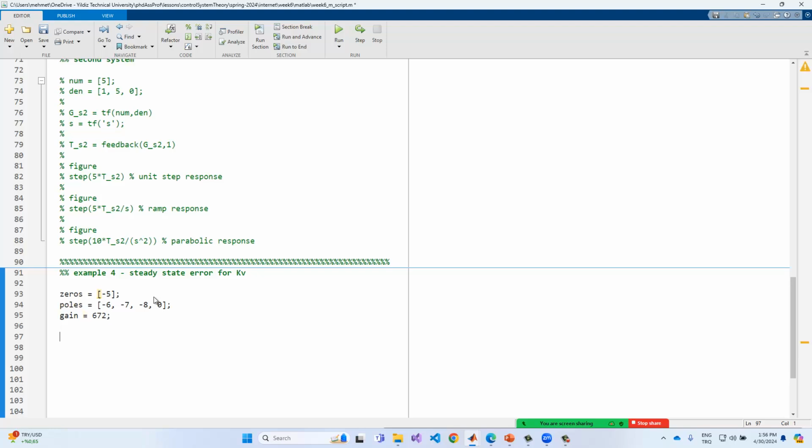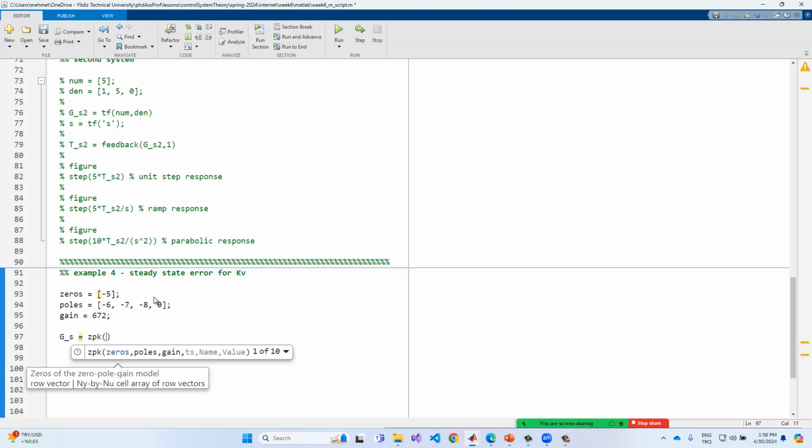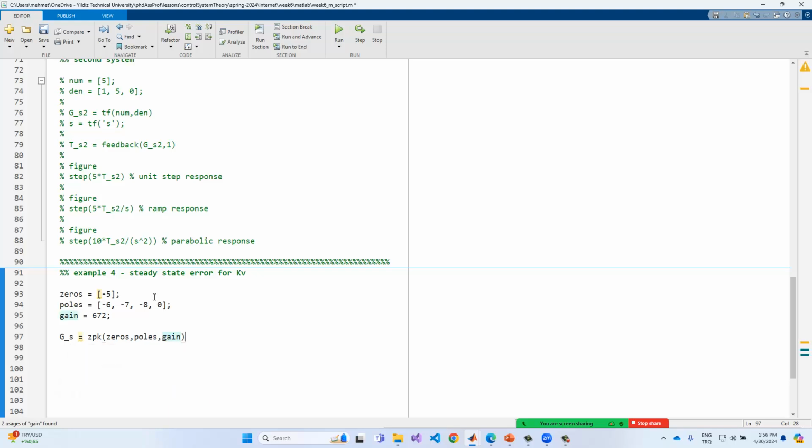And so we can generate the GS function in here with the based on the ZPK function. This is taking to what? The zeros, poles, and the gains of your system, and then generates the transfer function based on these informations. And so the zeros, poles, and gain can be given in here, okay?